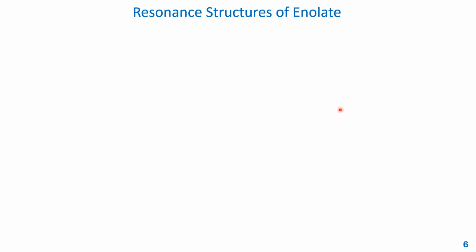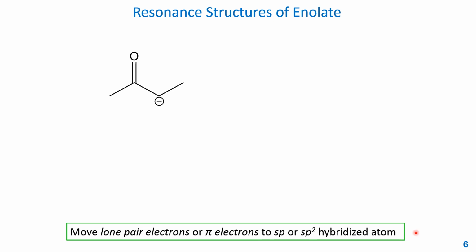Okay, now let's talk about the enolate. Enolate is the carbon anion on the alpha carbon of the carbonyl here. And to draw the resonance, follow the same principle here. So this lone pair can push back. This carbon is sp2, so it can accept. So it can break that pi bond to form this resonance.